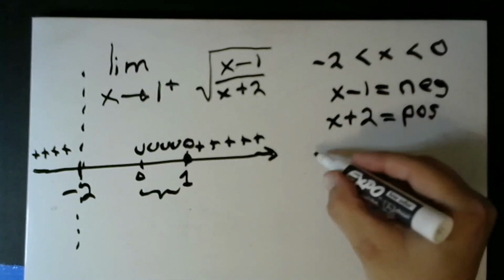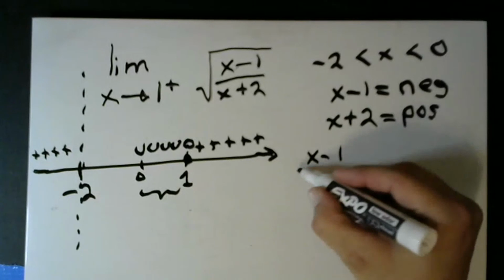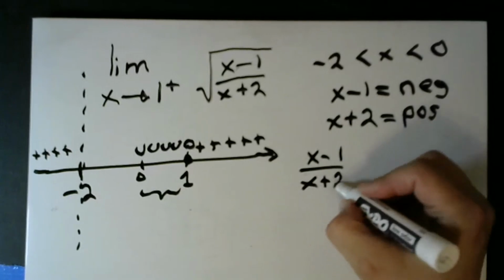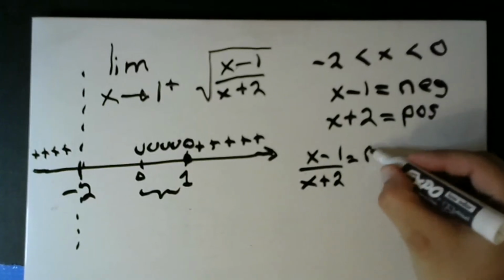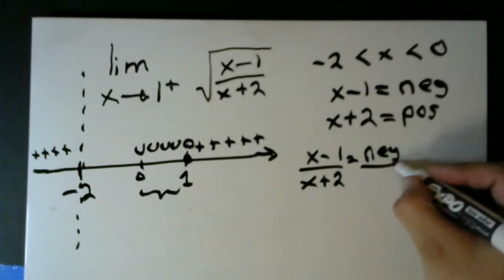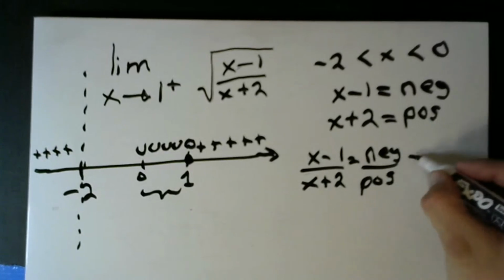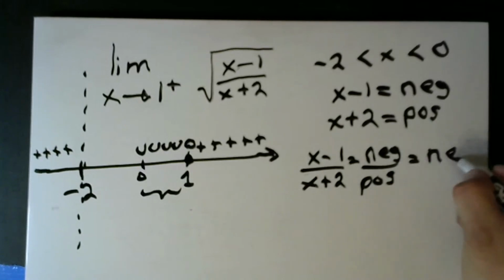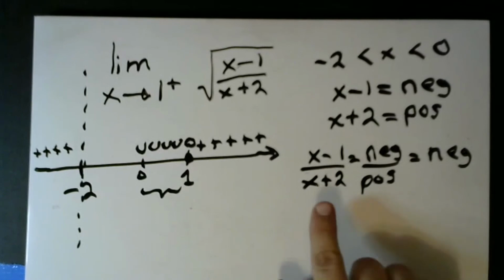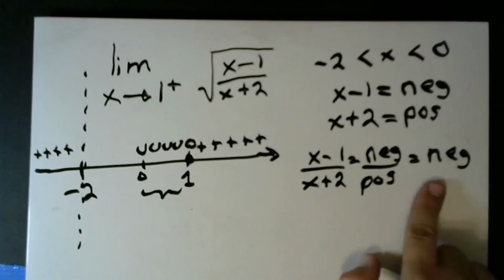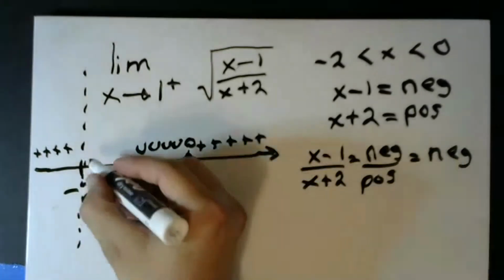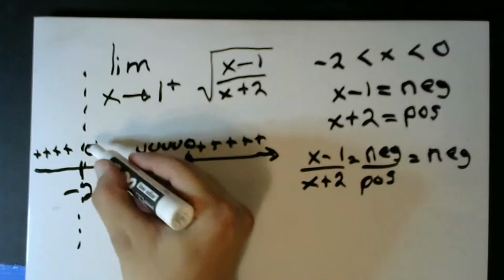So once again, x minus 1 over x plus 2 will be negative divided by positive, which is negative. And if we try to take the square root of that, again, this is undefined.